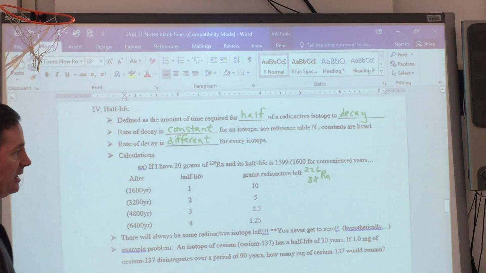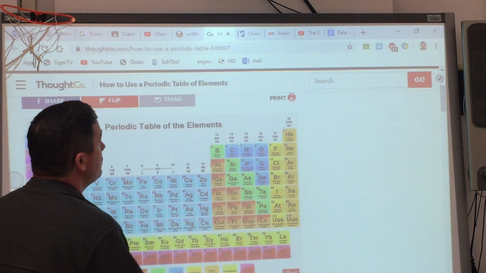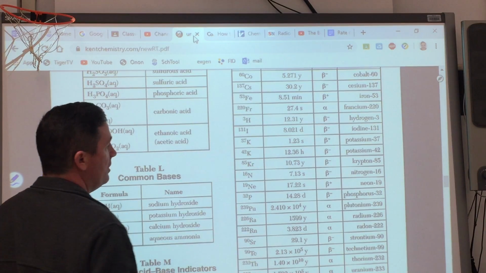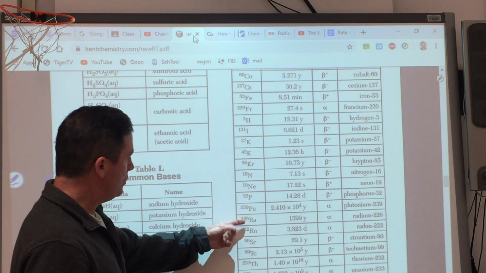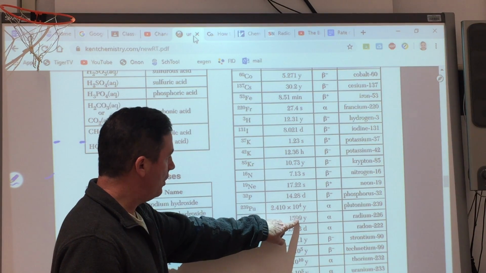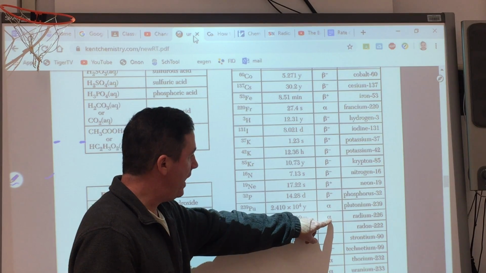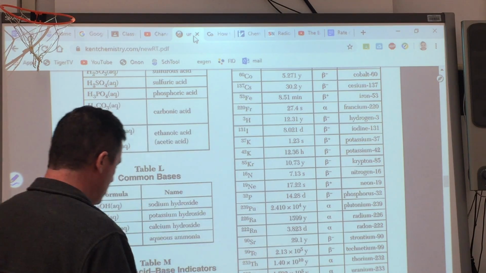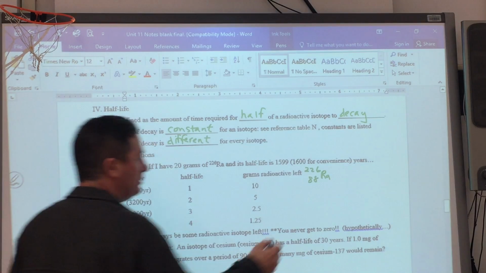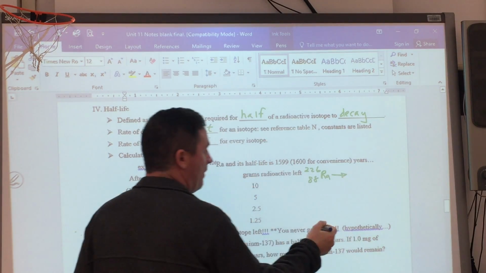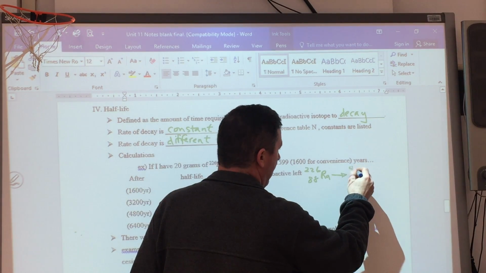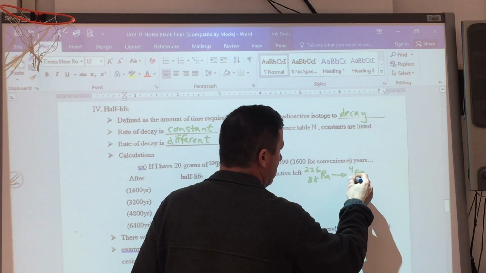Now, it decays. What kind of decay does it go through? Well, let's look. Radium-226. There's your half-life. It goes through alpha emission. So, it's going to decay here. And by now you should know that an alpha is really just a helium atom.